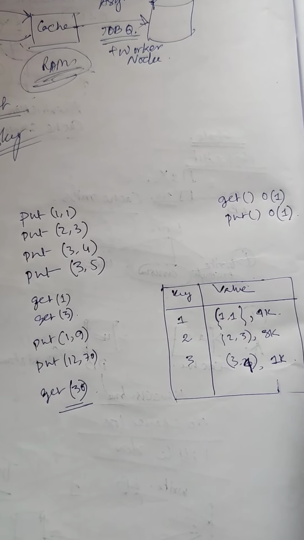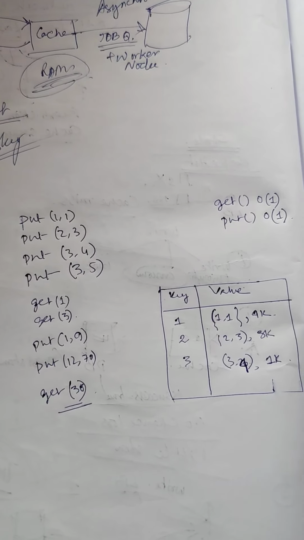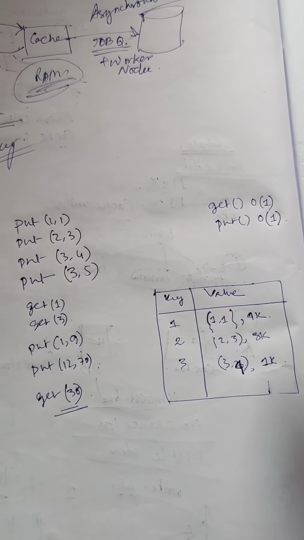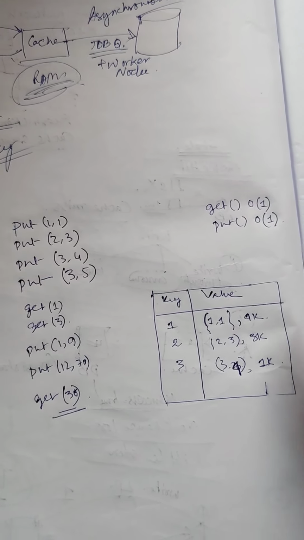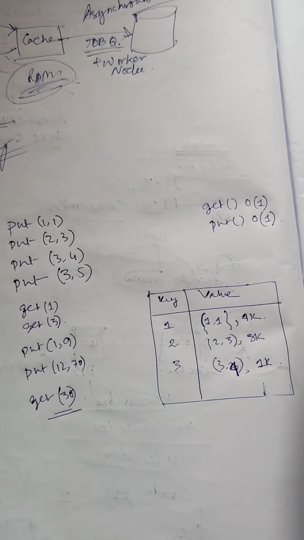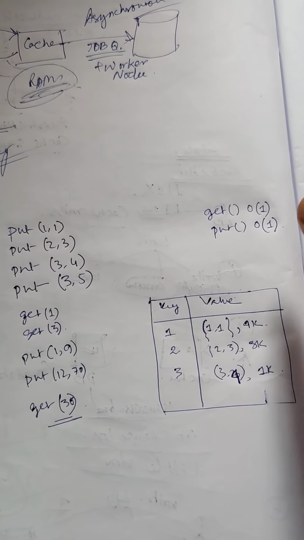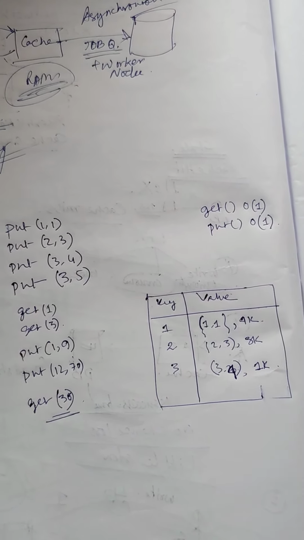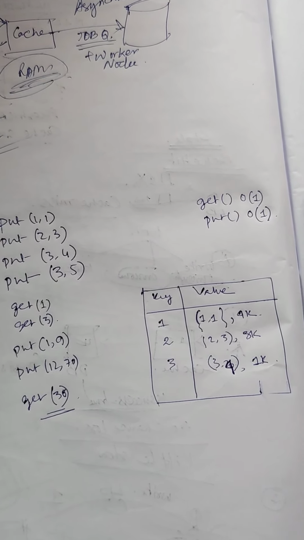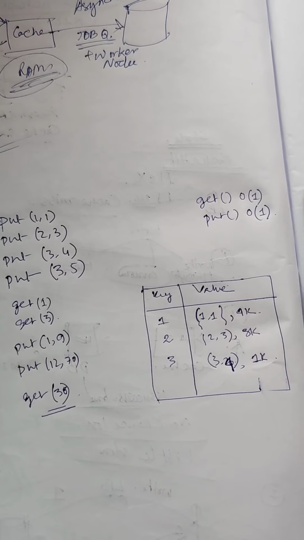To avoid these kinds of situations, to enhance performance and reduce network calls, we use caching. We have already seen that in our previous lecture. So we use caching to improve the time complexity of our algorithm, to speed up our algorithms.